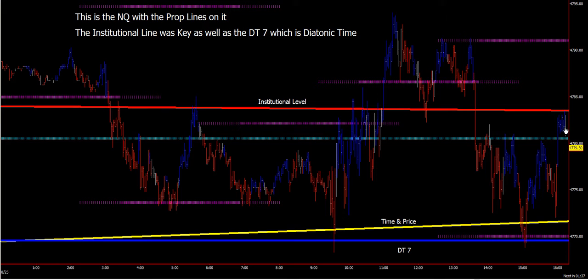And you backed off from that as well. And you got the two lows here at the DT7 line, and the time and price was also a factor in yesterday's trading. But I just wanted to throw that out to you guys so that you can see these things and how they impact price.